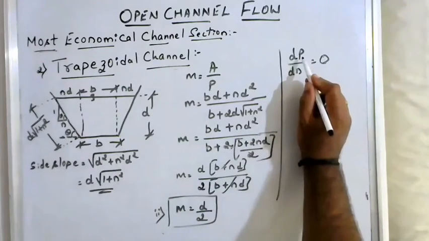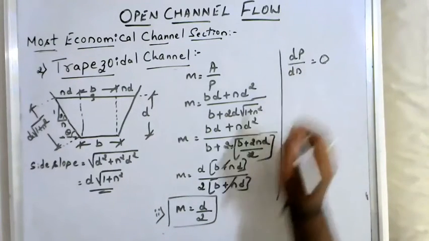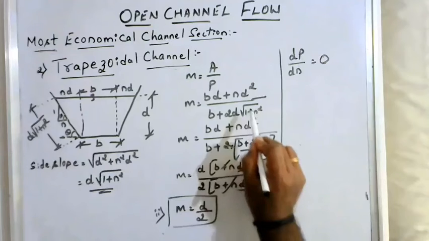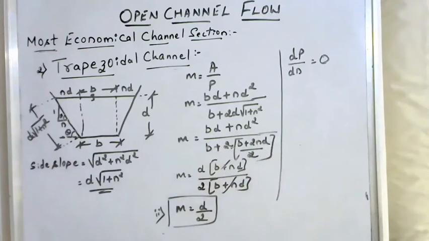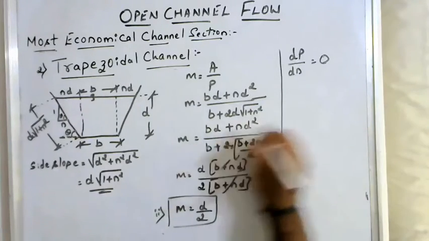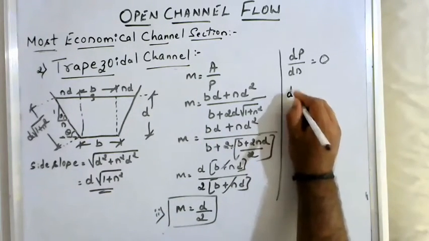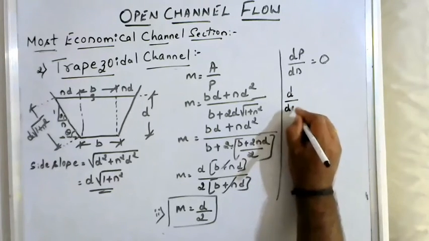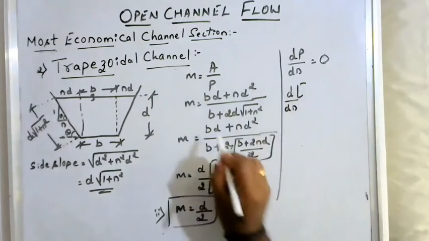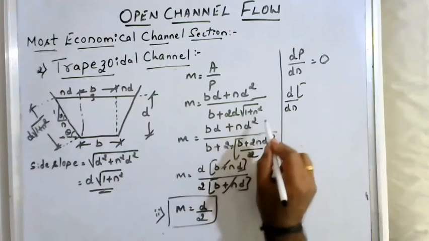If you differentiate the wetted perimeter, that is b plus 2d root of 1 plus n square, I'll write it here so that you can understand in a better way. That is the wetted perimeter p, differentiation with respect to dn, b plus 2d root of 1 plus n square.